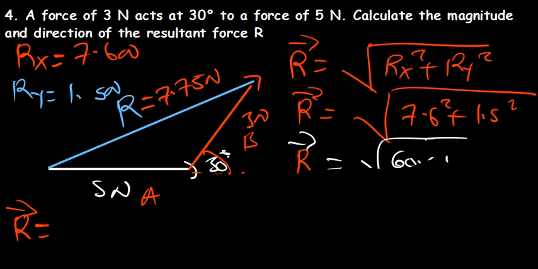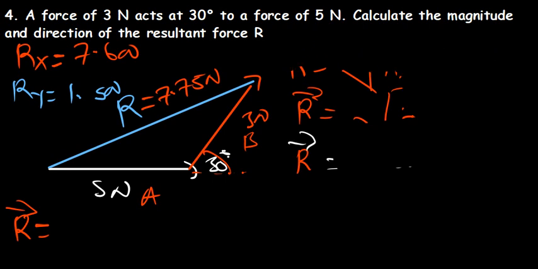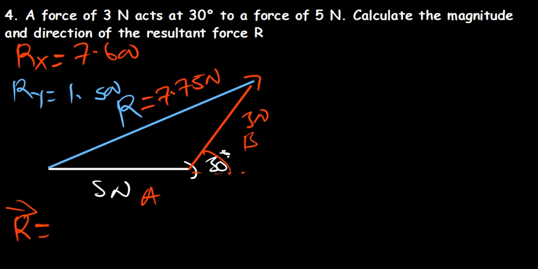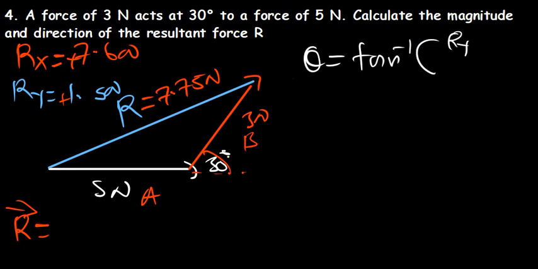To find the direction, before you solve, you will be able to know where it lies. Is it in the first quadrant, the second quadrant, or the third quadrant? In this case, the x component is positive, the y component is positive. Definitely it has to be in the first quadrant. In the first quadrant, we don't do anything with the angle, we just take it the way it is.